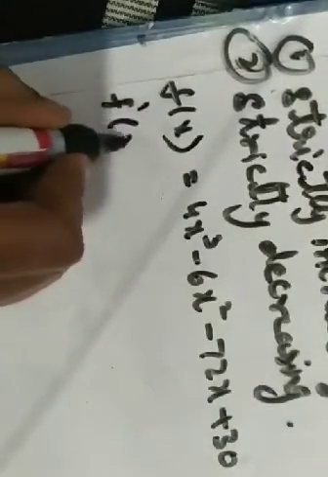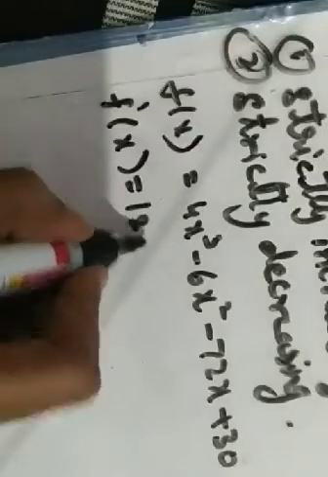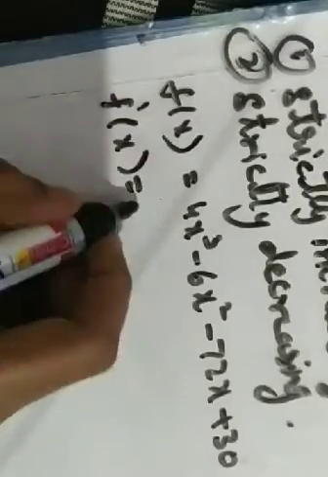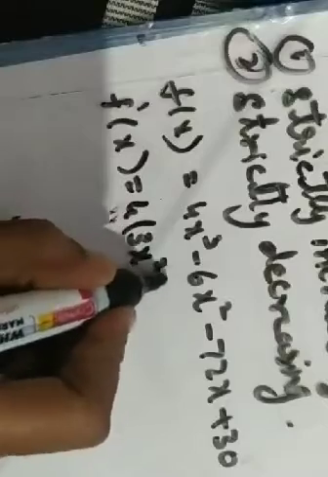Differentiate the equation. So f dash of x is equal to 4 into 3x square minus 6 into 2x minus 72 into 1, and put the star for this. This is a very important question.